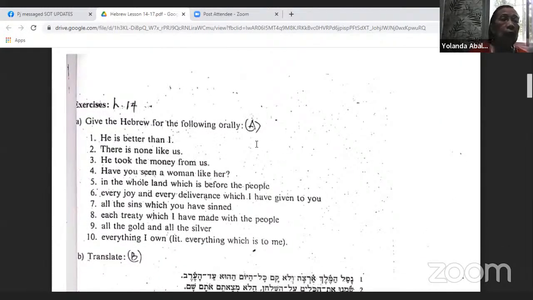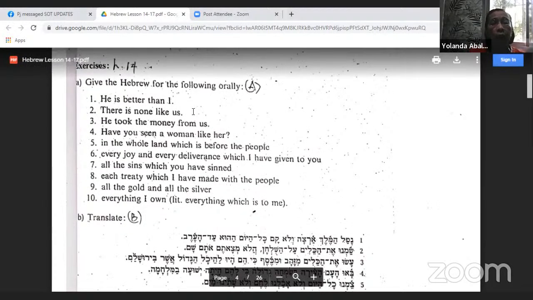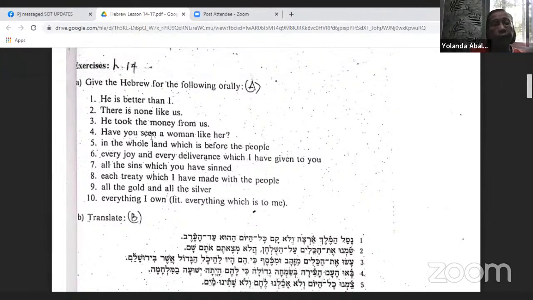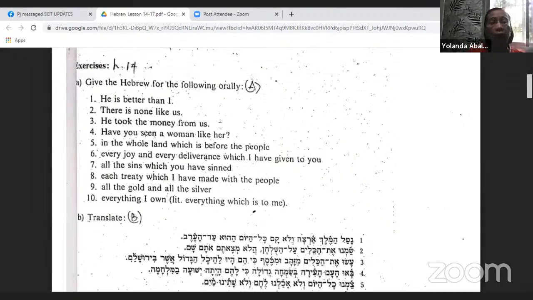So ito tayo. Yung ating part 1, column A, you have to translate this into Hebrew. He is better than I. Okay. He is better than I. There is none like us.